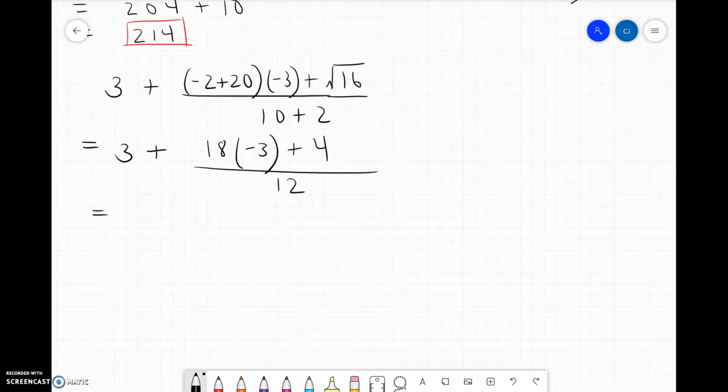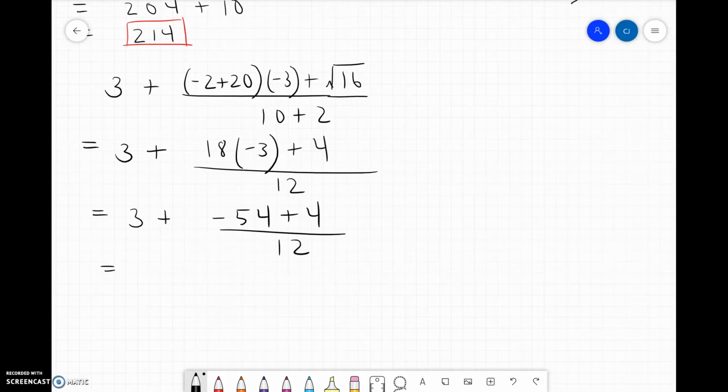Let's see. 18 times negative 3 is going to be negative 54 plus 4 all over 12. And then if we simplify that numerator further, that becomes 3 plus negative 50 over 12.